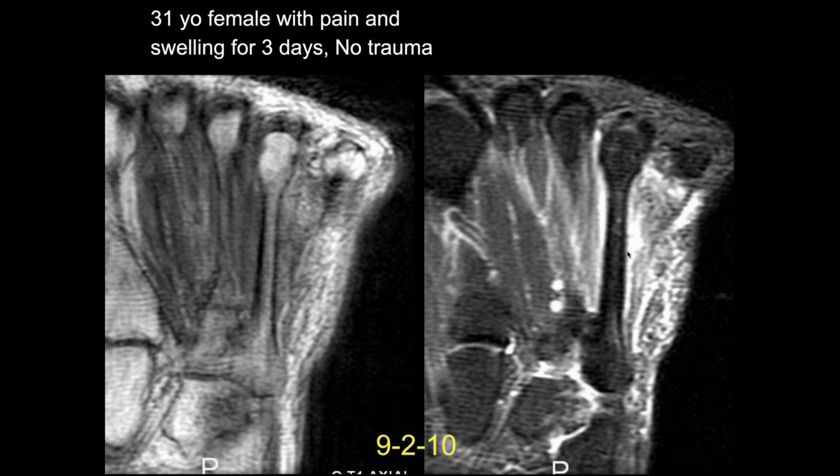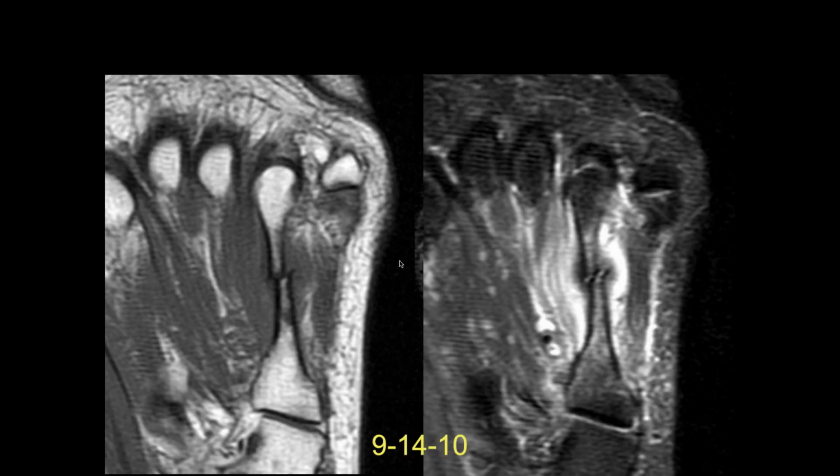If you see a lot of edema like this, be concerned that this could be a subtle stress fracture, even if you don't see the edema in the bone. You have to treat them as if they were going to be a fracture, because what you have now needs an open reduction. Okay. Chances are it will not heal.